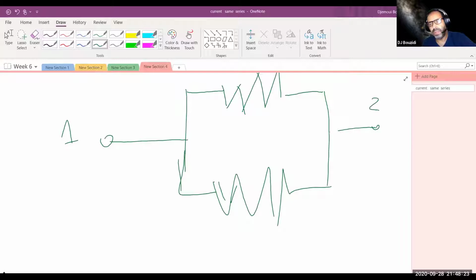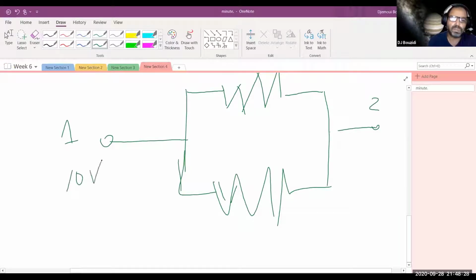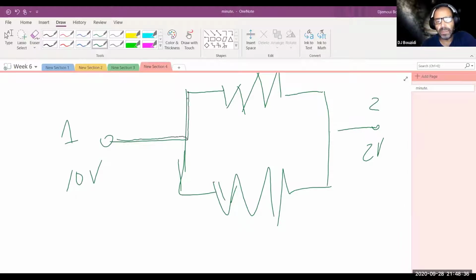If this is an 8 volt difference, this could be, for example, a 10 volt point, and this is a 2 volt point. The difference 10 minus 2 is still 8 volts. But since this has 0 resistance, that's a wire, it's the same voltage here and here, across R1 and R2.